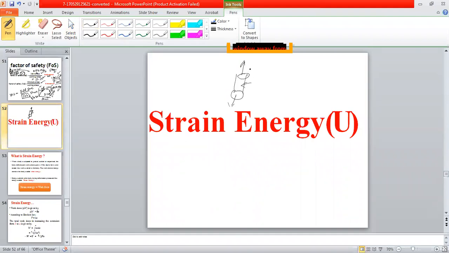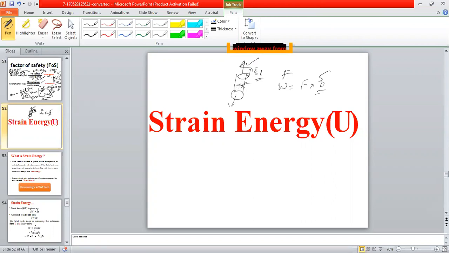Due to this external load, the body will be deformed. That is the external work done, force into displacement, occurring on the component. Therefore, we have internal stresses in it.